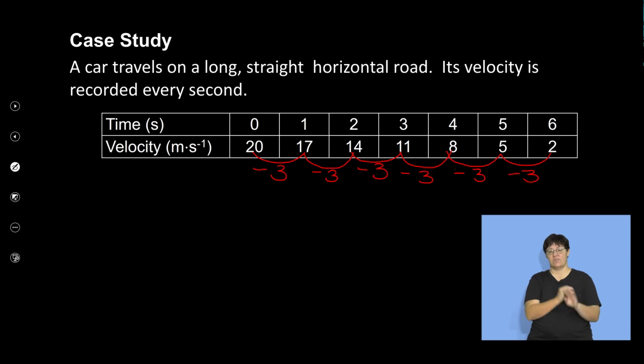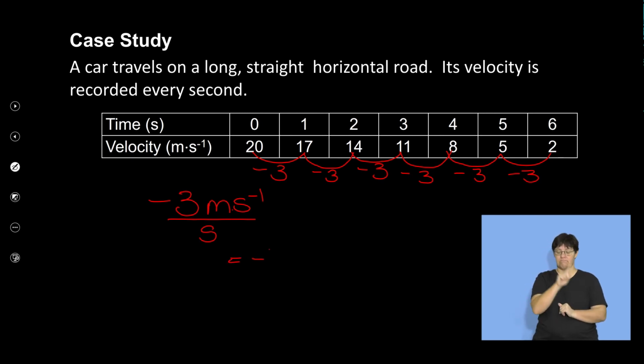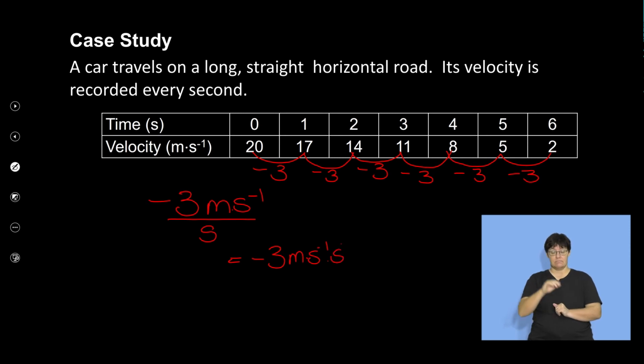So what this is telling me is that my velocity is getting smaller by 3 meters per second every second. That means it's 3 meters per second per second.